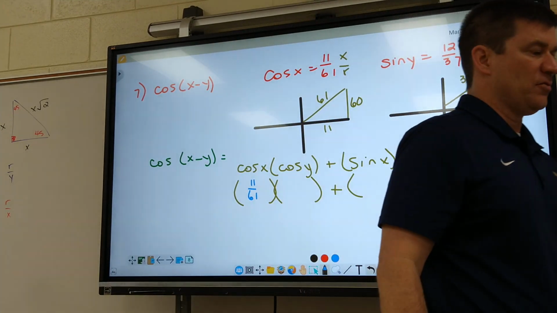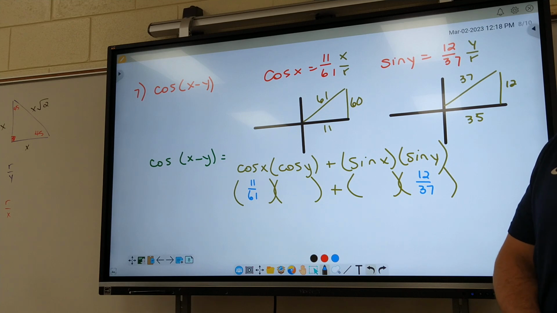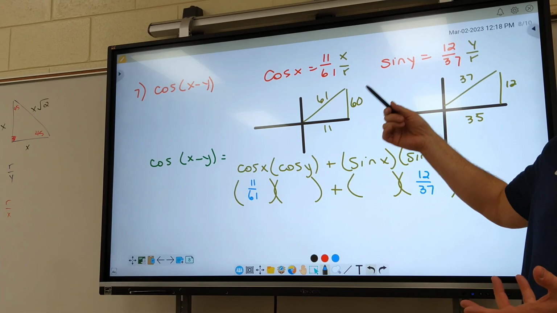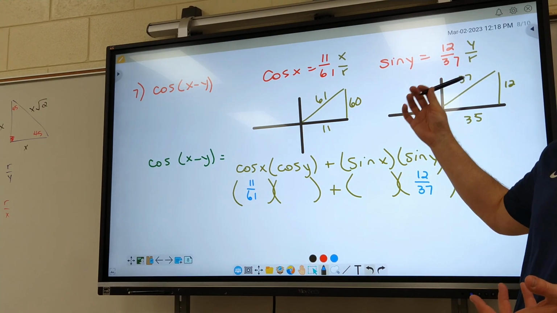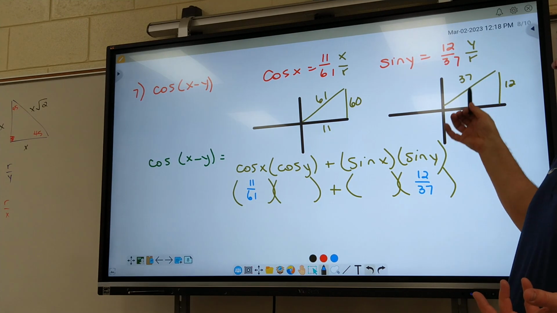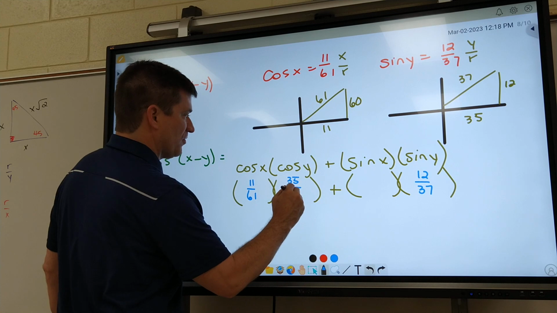We have to find the other 2. So cosine of y means I look at which triangle. It's got a y, so you look at the second one. Cosine is x over your hypotenuse. X is 35 over 37. So this spot's got to be 35 over 37.